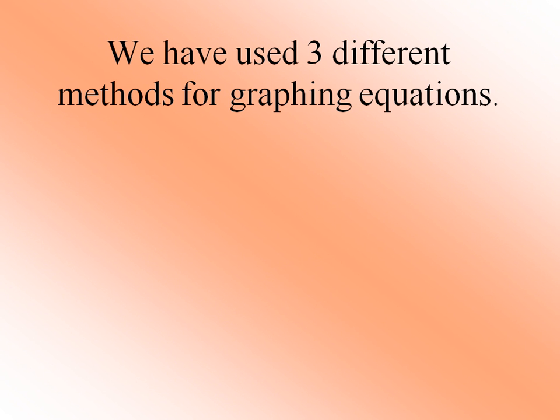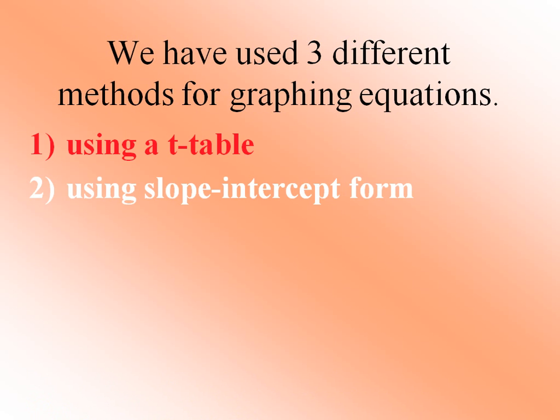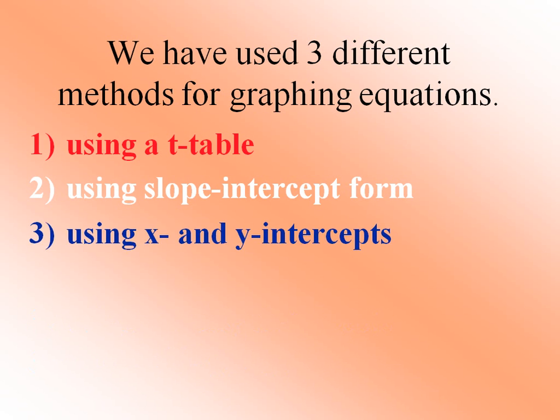So there are three different ways to graph equations. The first way is that you can use a t-table, or you can use the slope-intercept form to plot the y-intercept and then run from that y-intercept, or you can just use the x and y-intercepts.